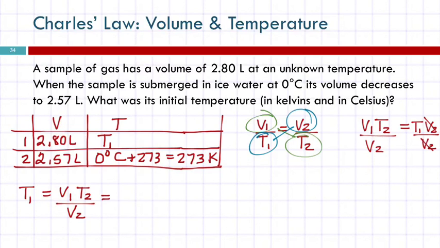So volume 1 is 2.80 liters. Temperature 2 is 273 Kelvin. Volume 2 goes in the bottom, and that's 2.57 liters. Look at what happens to the units.